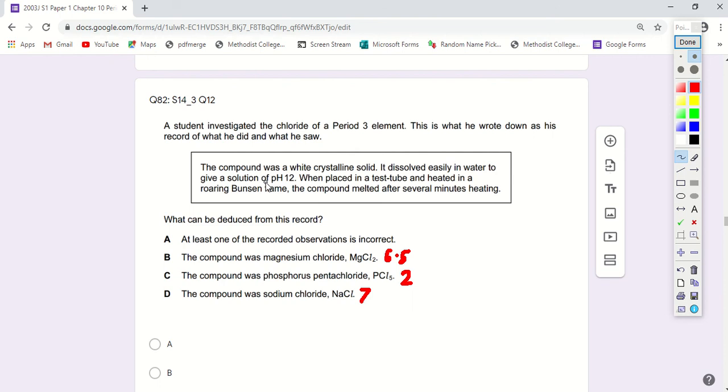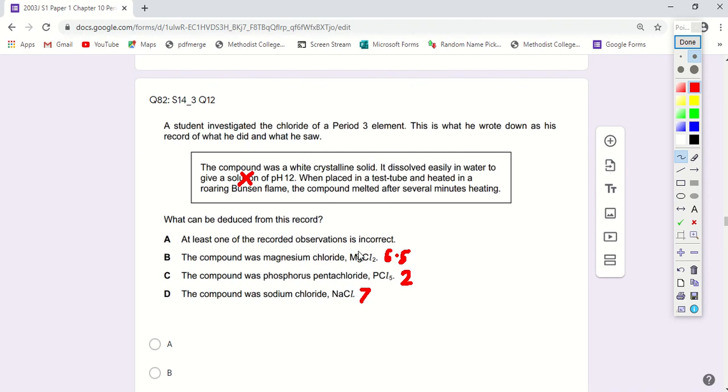So this second statement about a solution of pH 12 is not correct for any of the chlorides. So the second one is wrong. Then the third one: when placed in a test tube and heated in a roaring Bunsen burner, the compound melted after several minutes of heating.